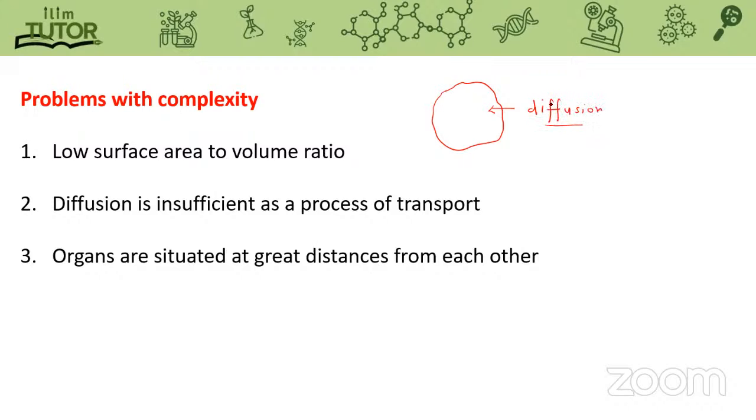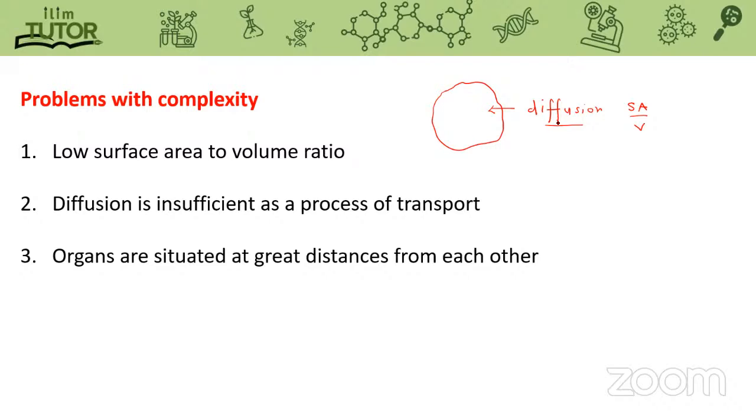The reason why simple diffusion is sufficient to provide all the materials required by these unicellular organisms is because they have a large surface area to volume ratio. Simply put, it means that the area around the cell is enough to cater to the needs of the internal space within the cell.